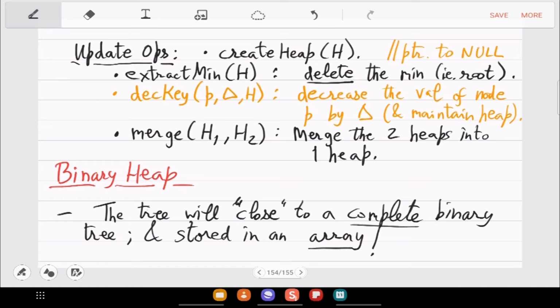But it is written via decrease delta. Okay, so node P's value or key is decreased by delta, which will destroy the heap property. So you have to again change the whole heap. Okay, we'll see an algorithm for this. And merge is, 2 heaps are there, you merge them and make a single heap. Okay, so these are the operations needed.